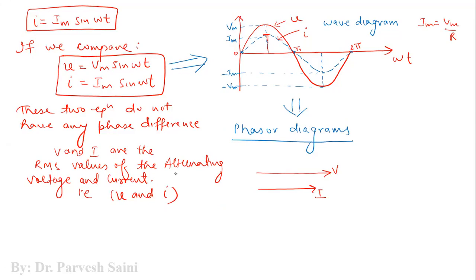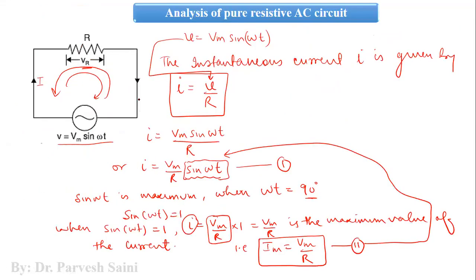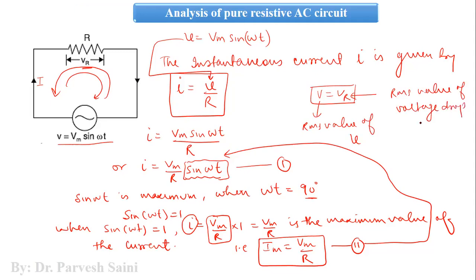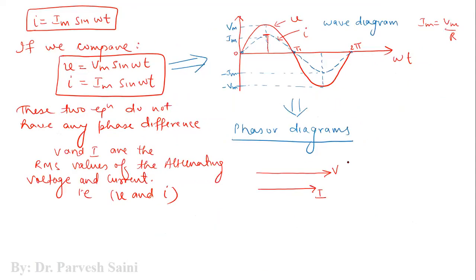In a resistance, if you apply KVL in this particular loop, KVL gives you V is equal to VR, where V is the RMS value of the applied voltage and VR is the RMS value of the voltage drop across R. So this phasor could be associated with the applied voltage or with the voltage across the resistance.